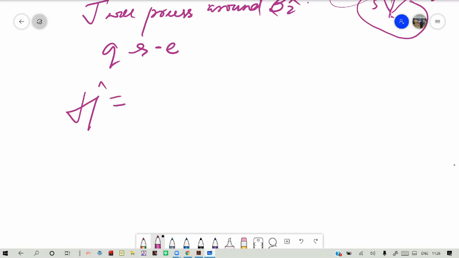H is equal to H naught plus e by 2 mu c B Lz. We are taking the reduced mass notation, and because S is 0, otherwise there should have been an S component.